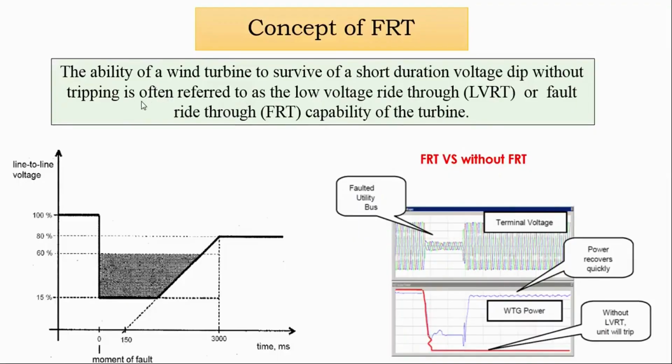It is often referred to as low voltage ride through, because when the fault occurs the voltage will drop from 1 per unit to 0.15 per unit. Modern wind turbines, particularly type C and type D systems, are FRT capable.